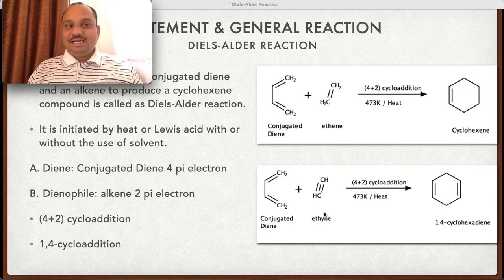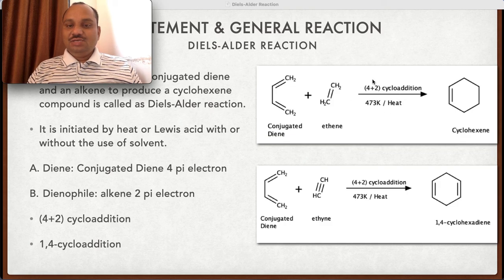Phile means to attract. It attracts towards the diene. That's why this component is known as the dienophile. This reaction is also known as the 4 plus 2 cycloaddition reaction because the diene component contributes 4 pi electrons while the dienophile contributes 2 pi electrons.